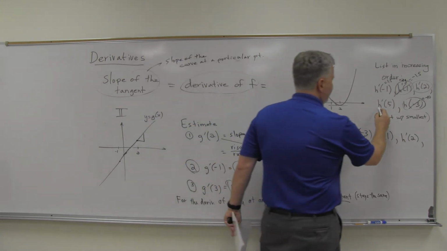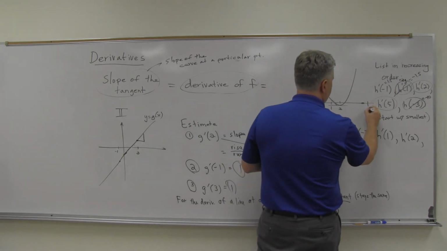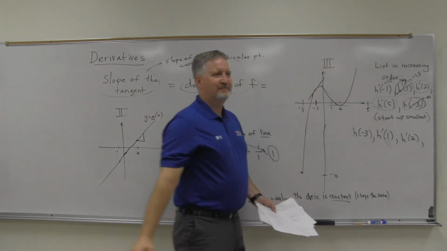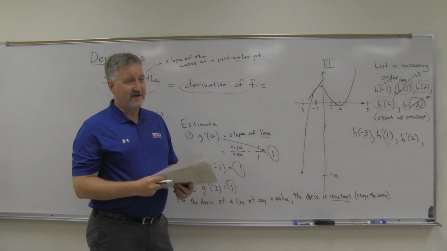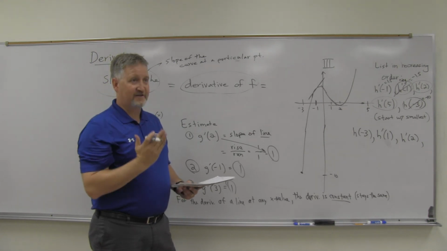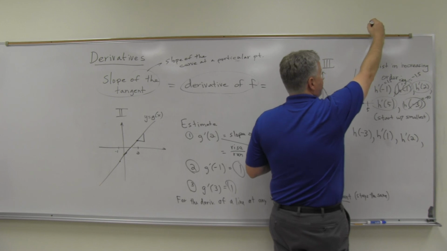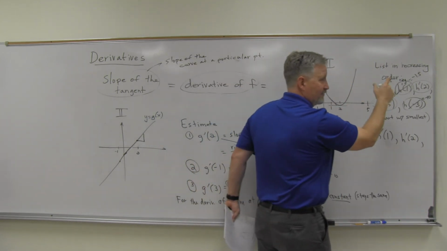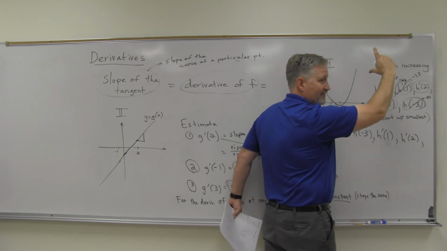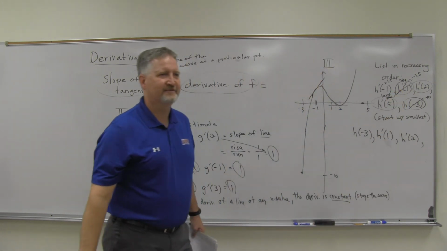And then I didn't really get to do h prime of 5, because h prime of 5 out here is way off the graph. But you can see there, hopefully, that it's a large positive slope, isn't it? Because that thing is up here, and so it's got a large slope to it, because if you do a run of 1, it's going to have a large rise. So let's just call it a large positive slope, or large positive derivative.